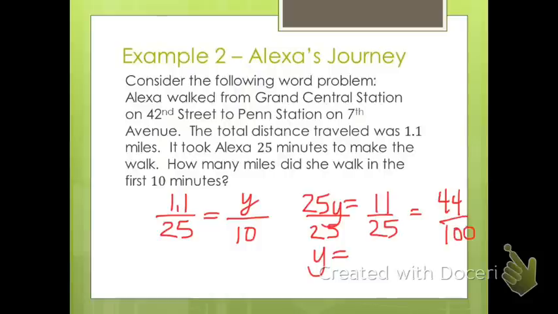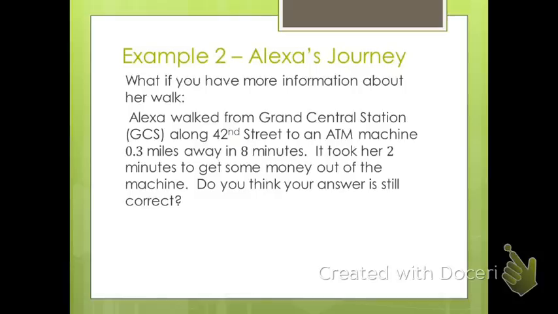I can see that multiplying top and bottom by 4, so it would be 0.44 miles. So she could have gone 0.44 miles in the first 10 minutes. Okay, so we could do that. But let's continue reading about this problem.